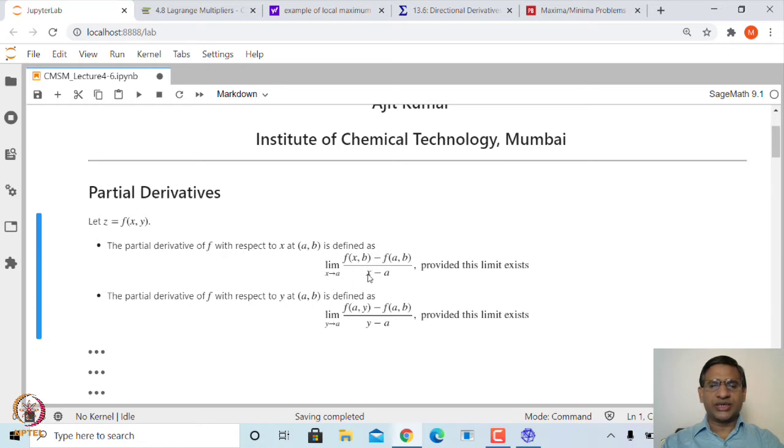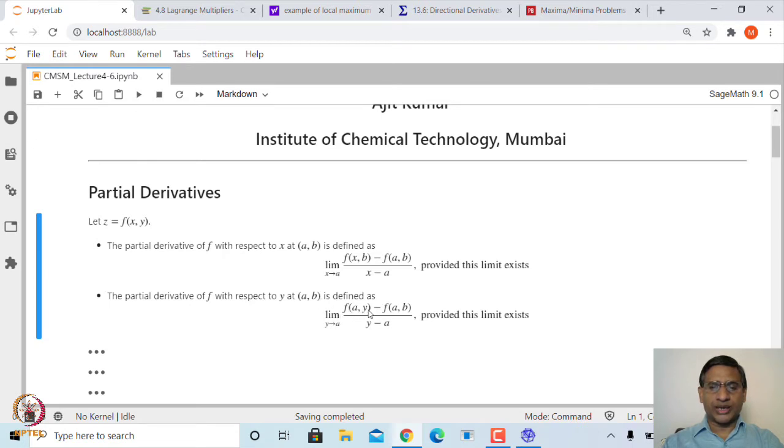In case this limit exists, we say that the partial derivative of f with respect to x at (a, b) exists, and generally we denote it by f suffix x at (a, b) or del f by del x at (a, b).